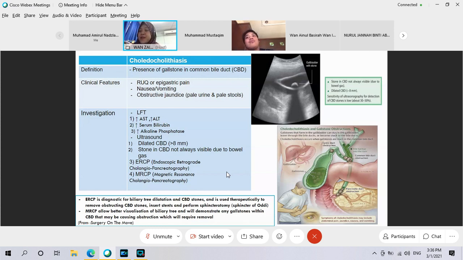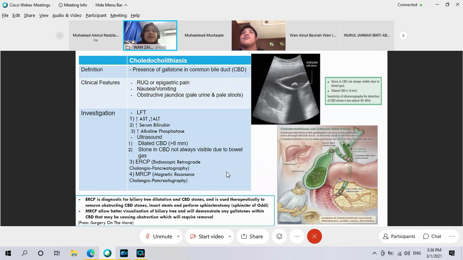So because ALP is produced by cells in the duct, whereas AST and ALT are produced by parenchymal cells, which is liver cells. Okay, that's why when it is high, it means the cells yang terlibat is in the ducts lah. Faham? Ductal cells, ALP.